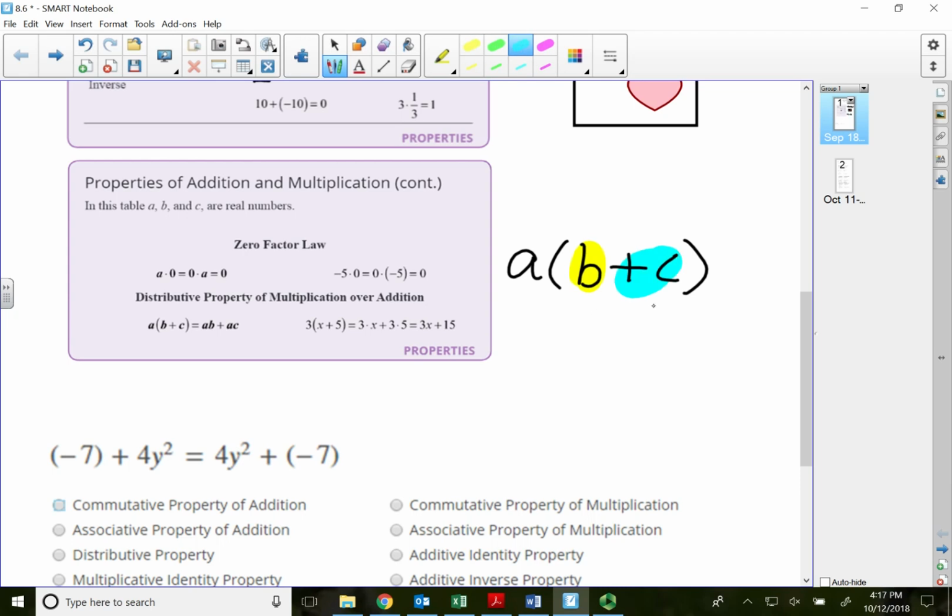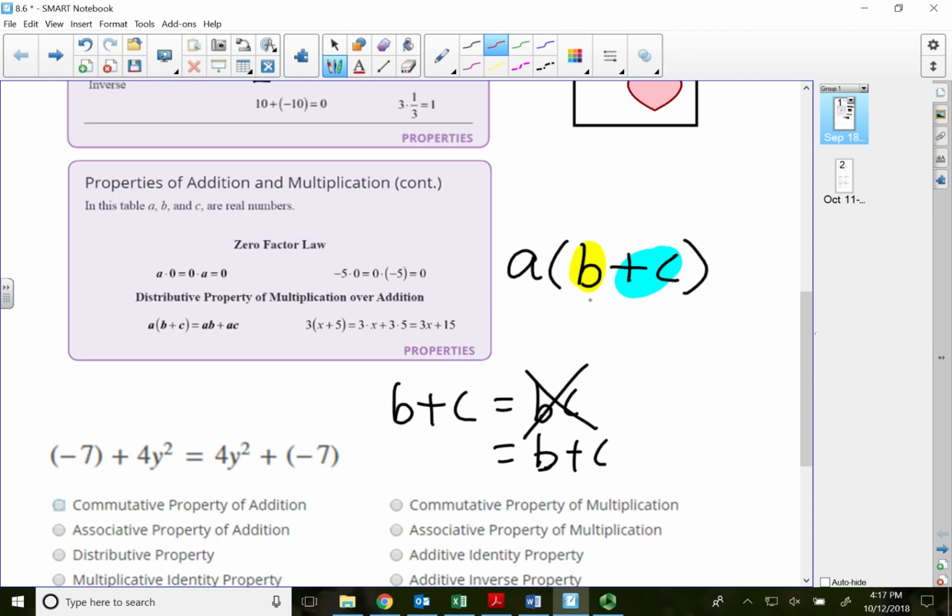When they are not like terms, they cannot be combined. So I always ask students, what's b plus c? A lot of students say the answer is bc, which is absolutely wrong, because b and c are not like terms, so you cannot combine them. B plus c is just b plus c.